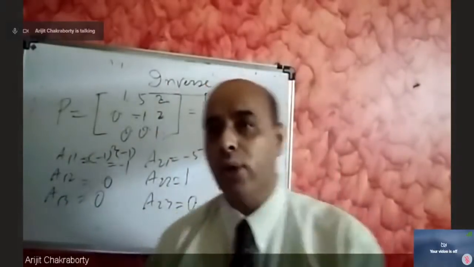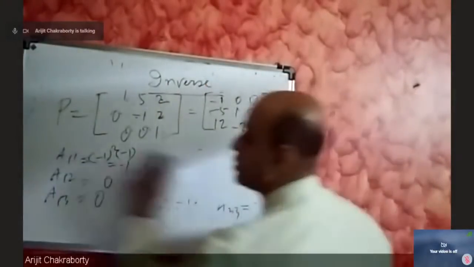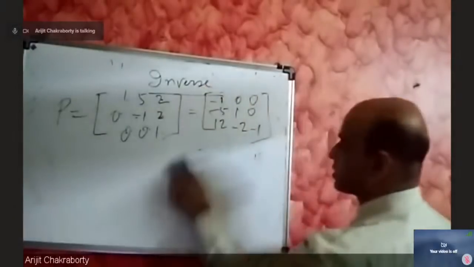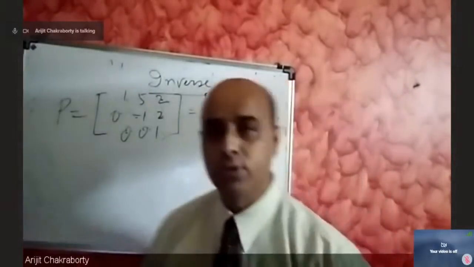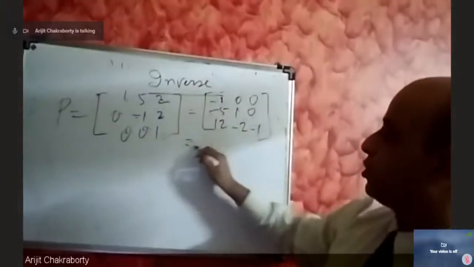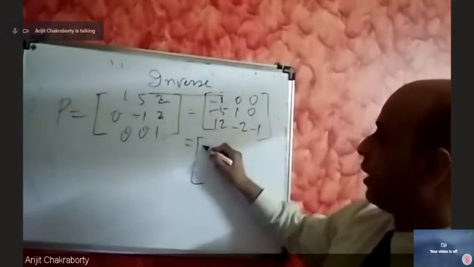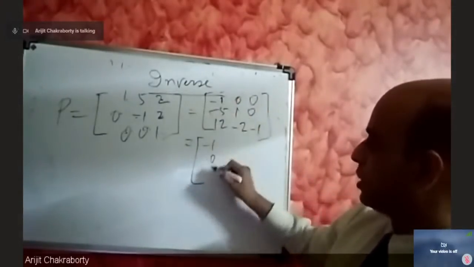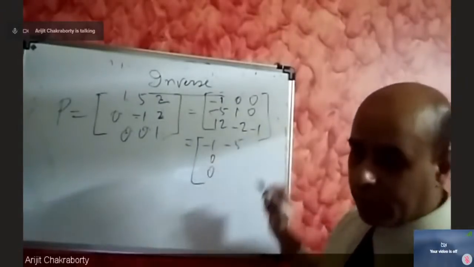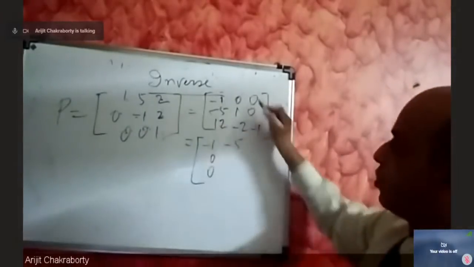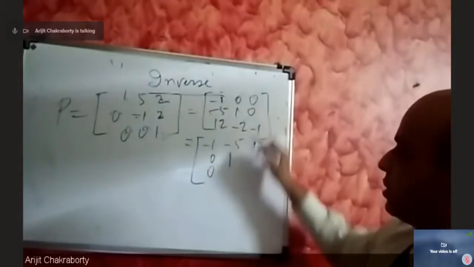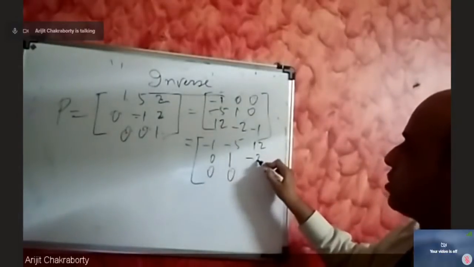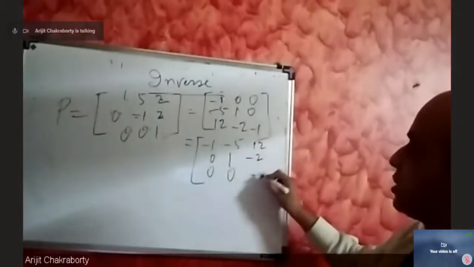Now to get the adjoint, you have to take the transpose. So for the transpose, minus 1 remains as it is, 0 comes here, 0 comes here, minus 5 we are getting here, 12 goes up there, 1 stays, 0 comes down, minus 2 goes up here and minus 1 is here.